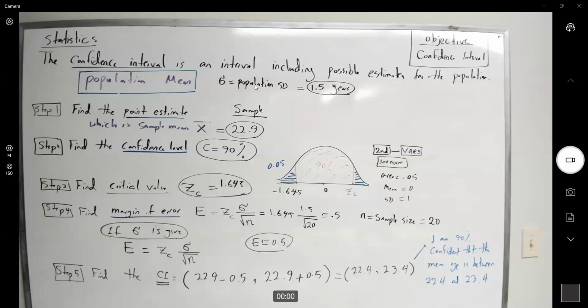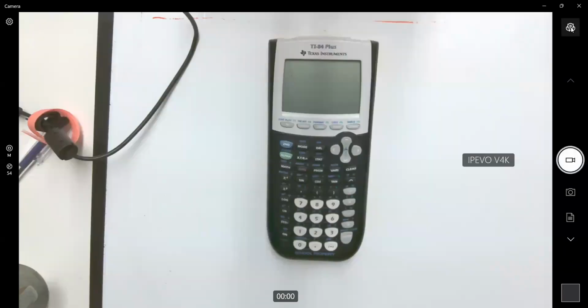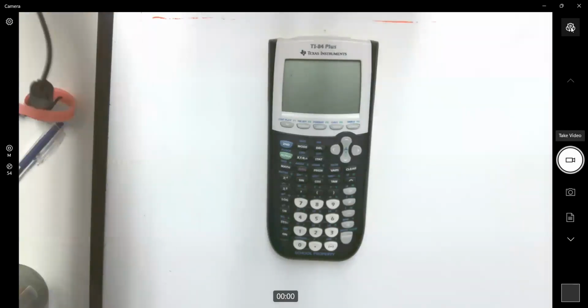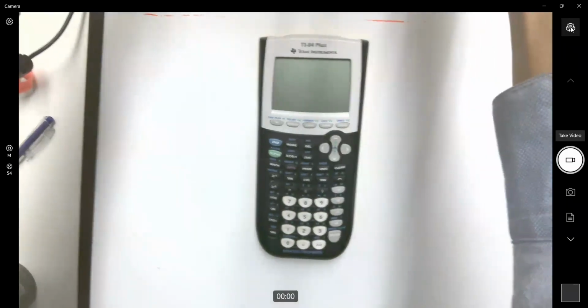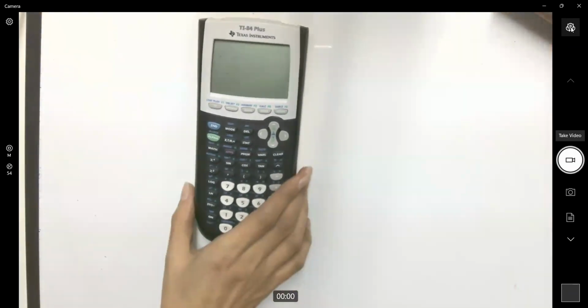So let me show you how to use your calculator to calculate the confidence interval. To use your calculator to find the confidence interval, we're going to follow these steps.